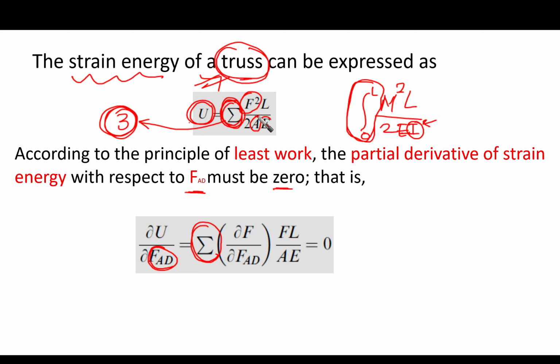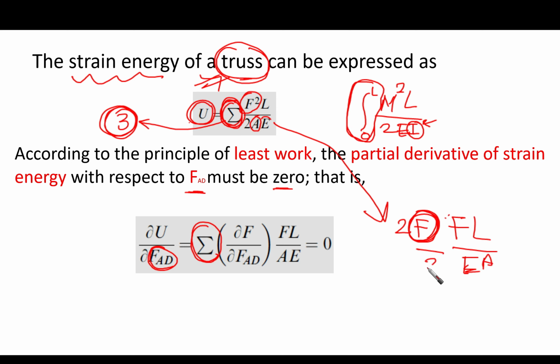Then from inside, the derivative is going to be 2F times the axial force F itself, remember, times L over AE. Sorry, I'm talking about the partial now, so it should be partial F. If we have this F, it should be 2F, times the main one, which is partial F over partial of the main redundant, which is F of AD.